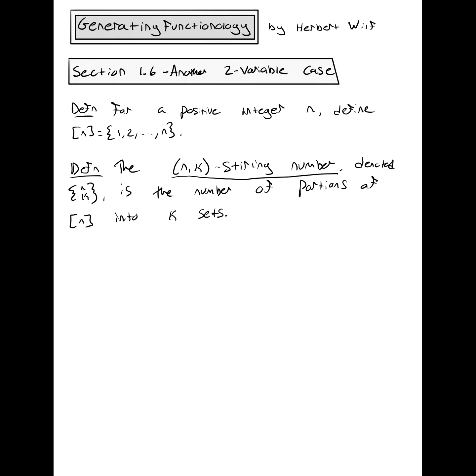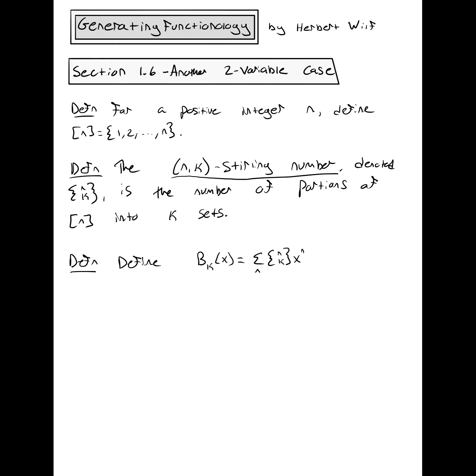And as you can see, this will create a sequence. So either we could range over n or we could range over k, and so there are a couple of different generating functions you can come up with, but the one that we're going to be defining today, another definition, define bk of x to be equal to the sum over n of curly bracket nk x to the n.